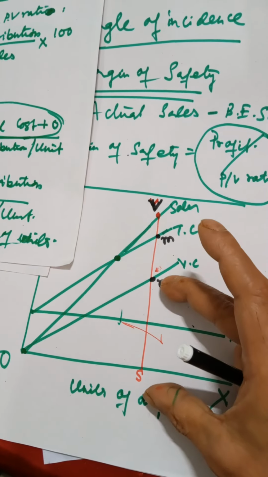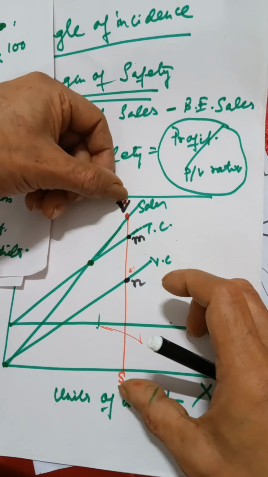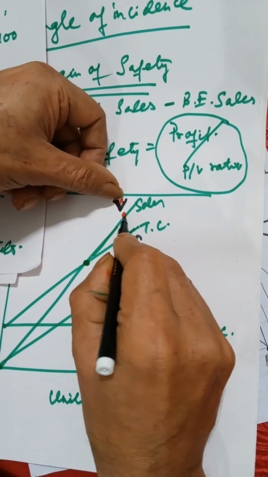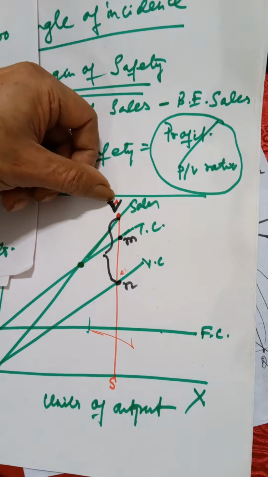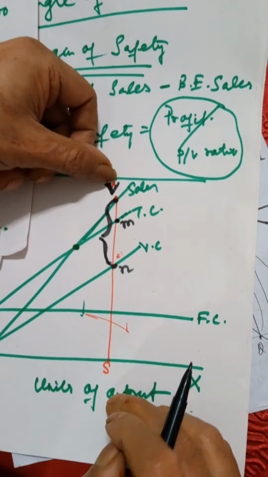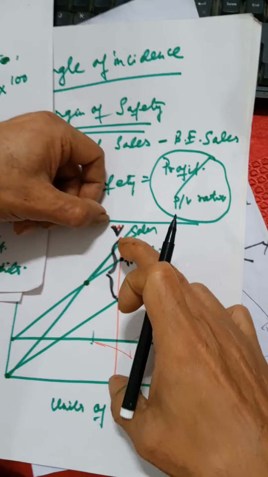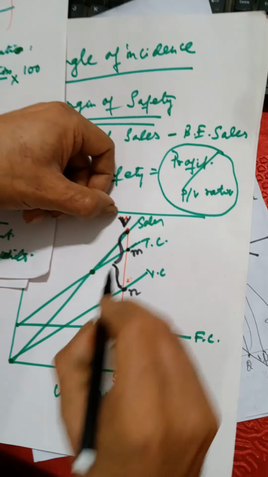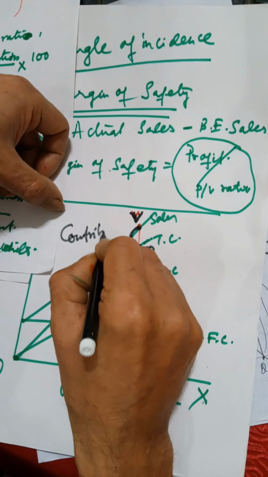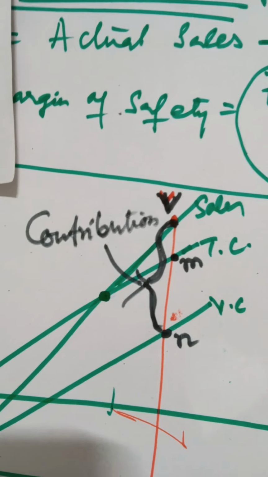So SN is the variable cost and SV is the total sales. If we deduct SN, that is variable cost, from total sales, SV, we get contribution. So this is the contribution.